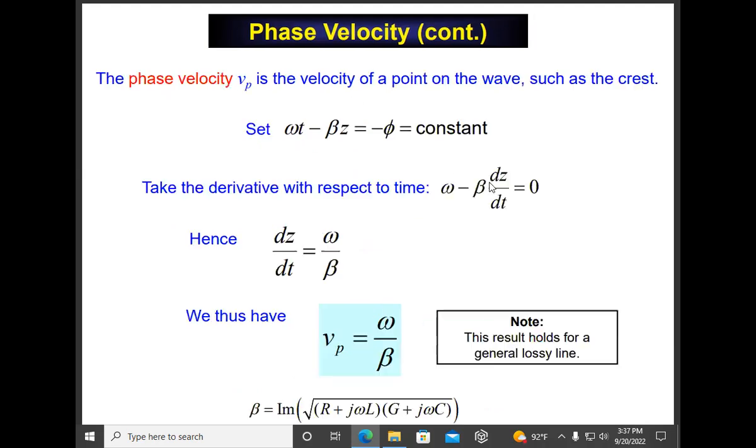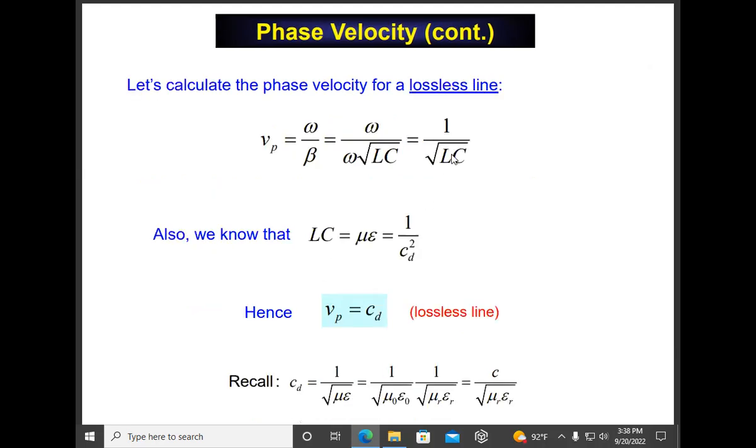So in general, if it's a lossy line, remember beta is coming from this messy equation here, and you see it's got omega in it, right? So when you take this ratio on a lossy line, omega over beta, it's in general going to come out to be a function of frequency. But for a lossless line, it's just 1 over the square root of LC, so it's a constant.